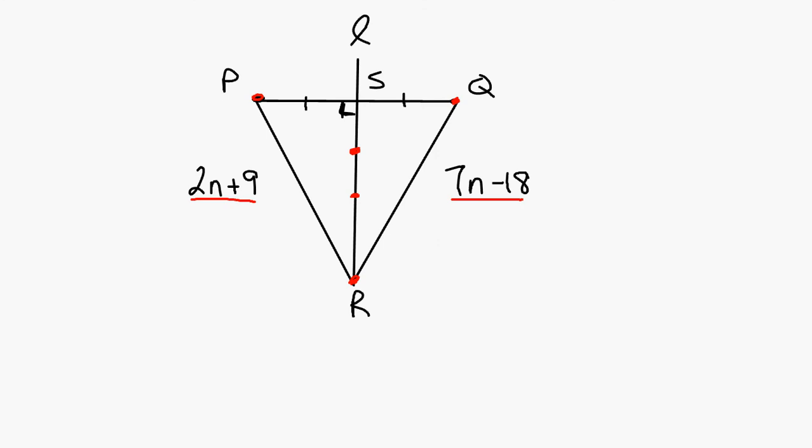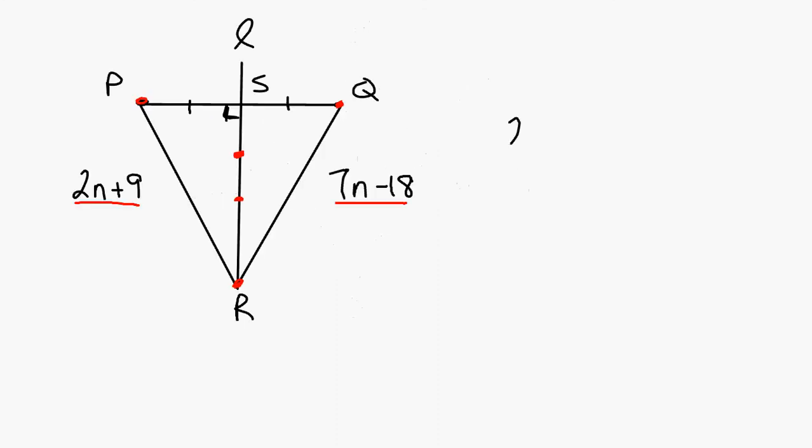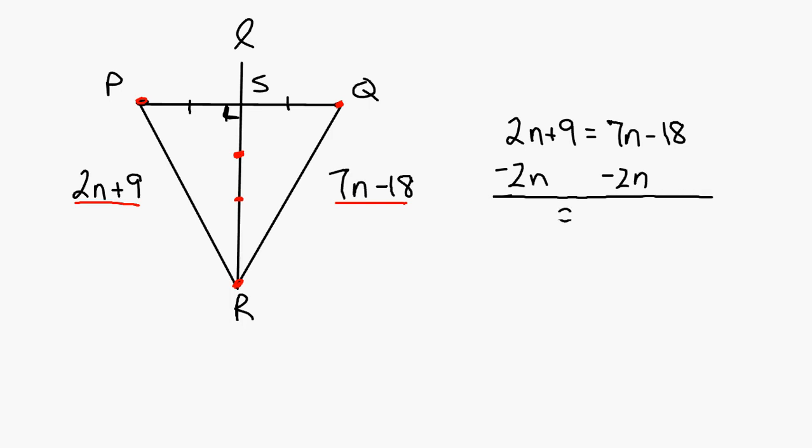So if you're asked to solve for n, or if you're asked to find side PR, you have to set up an equation. You would make 2n plus 9 equal to 7n minus 18. Subtract 2n from each side. 9 is going to be equal to 5n minus 18.